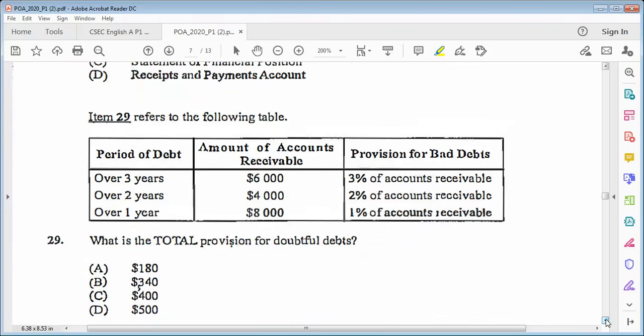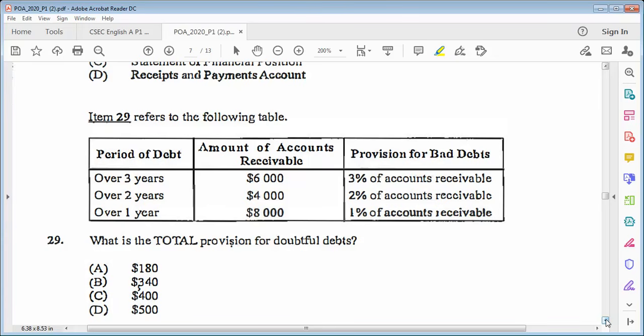Item 29 refers to the following table. We have period of debt, amount of accounts receivable, provisions for bad debts. Over 3 years, accounts receivable $6,000, provision for bad debts was 3% of accounts receivable. Over 2 years, $4,000, 2% of accounts receivable.